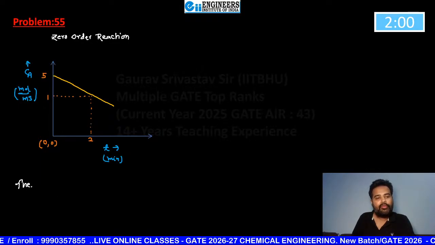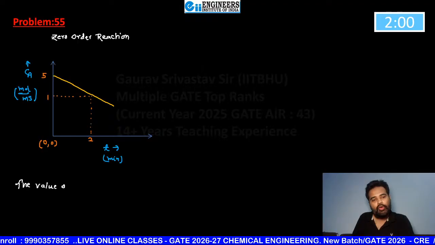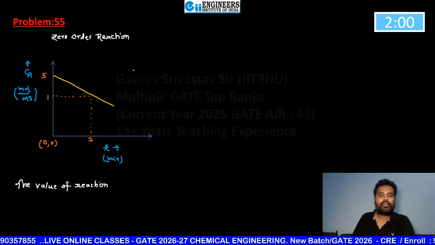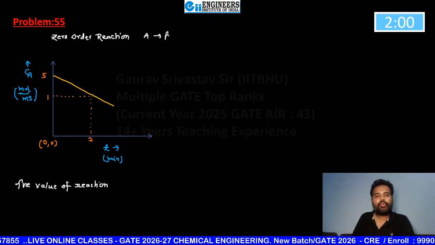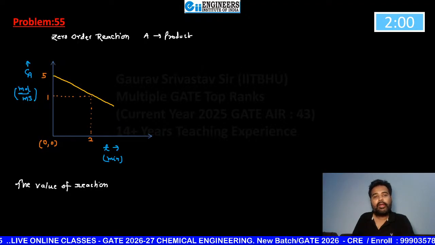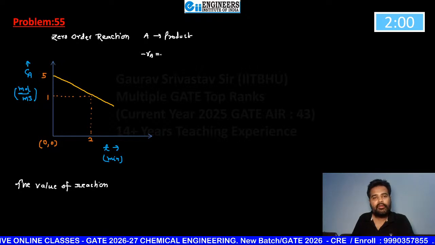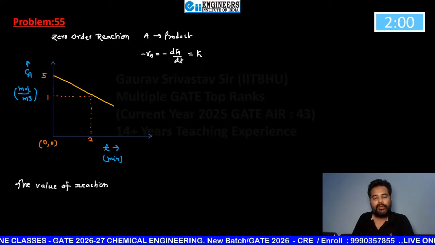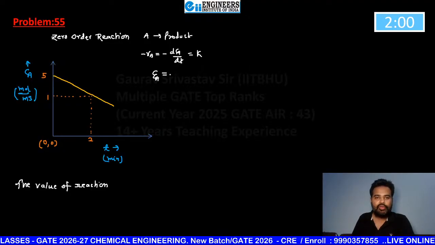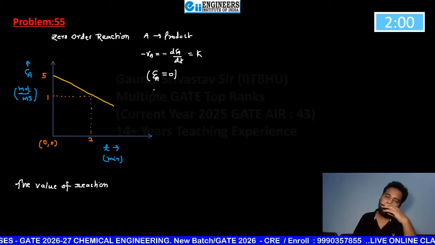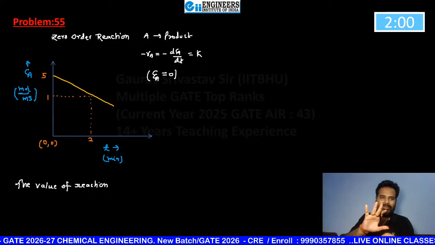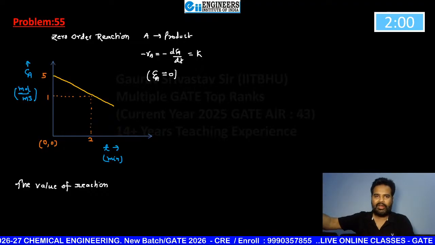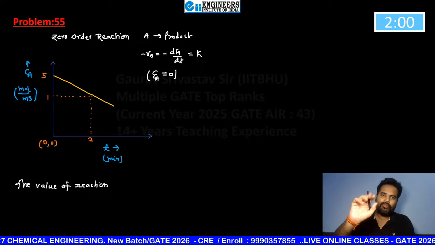Now they are asking about a zero order reaction forming product, and the rate is given as dCA by dt equals K, and epsilon A is equal to 0. These all things are given. If they are not mentioning epsilon is 0, or gas or phase or anything else clearly, then you can assume from your side.